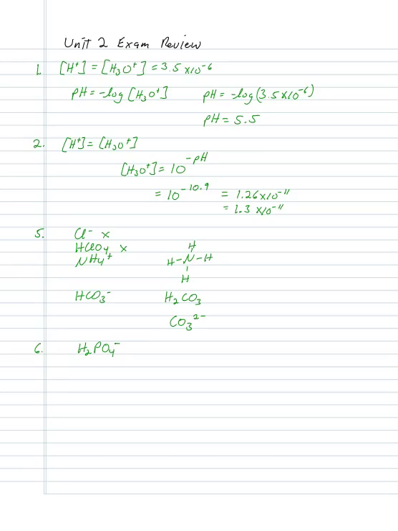So this would be a base, and if it's a base, it's going to add a proton. It's going to pick a proton up, and when it does, it becomes H3PO4. So H3PO4 is the conjugate acid of H2PO4 minus.